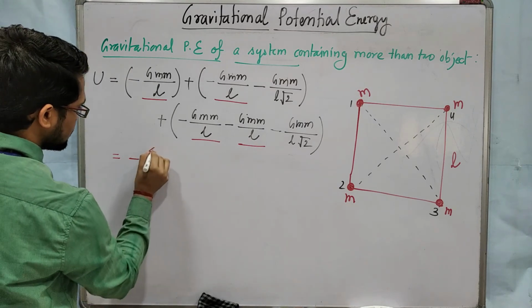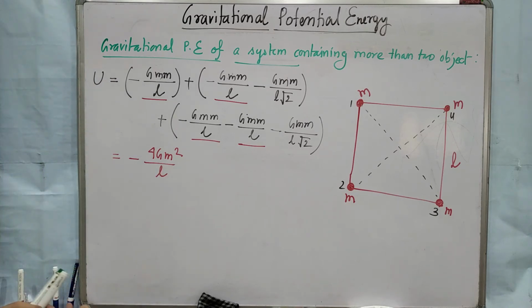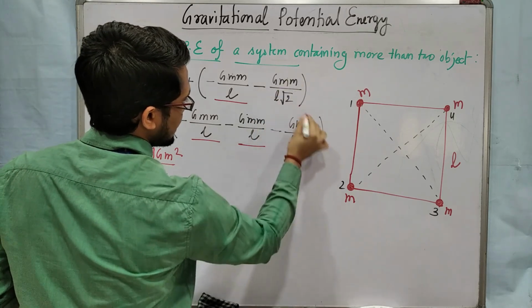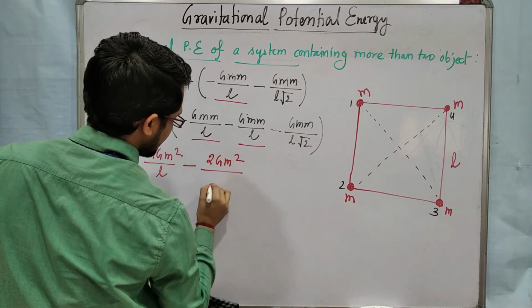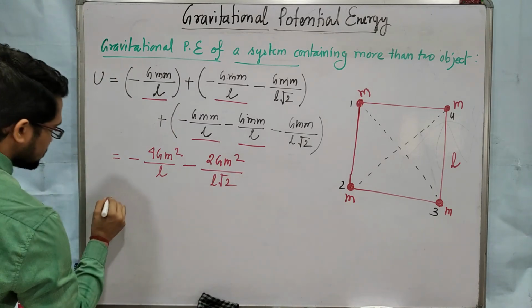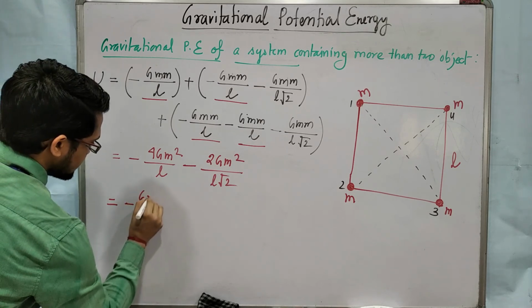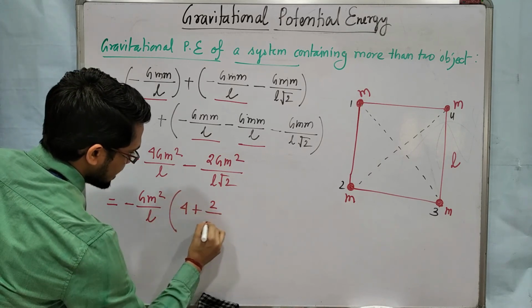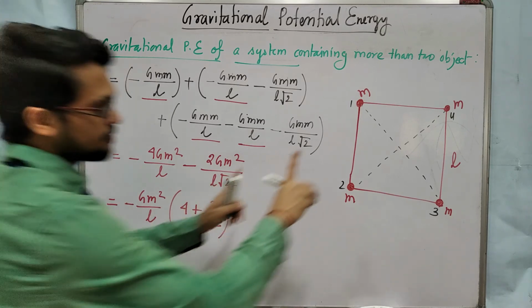So we are getting minus 4 G m square by L. And for the other ones we are getting 1 and 2, so minus 2 G m square by L root 2. Right, so take common. Which part will you take common? Minus G m square by L within bracket 4 plus 2 by root 2. This will be the potential energy of this system.